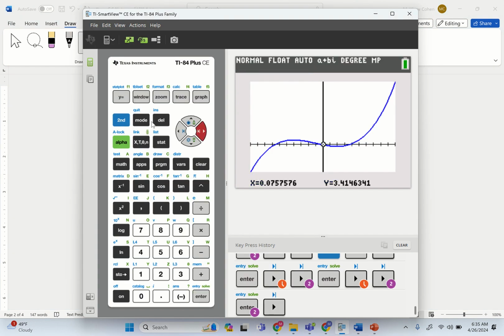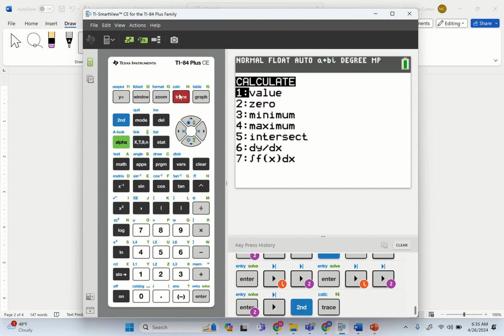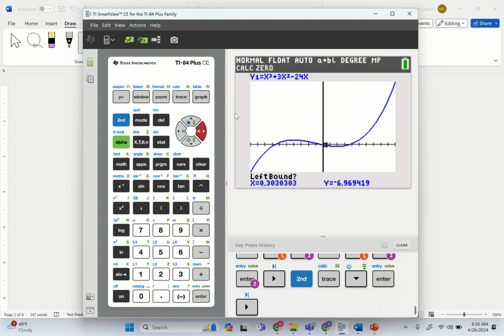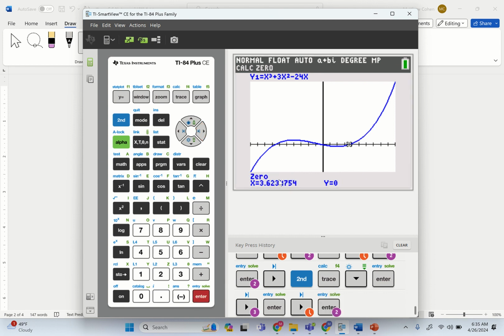And then we'll do our last one, second, trace, 0. I'm going to make sure I'm to the left of this 0 and to the right of it. Hit enter again, and we get it at 3.6 and 0.